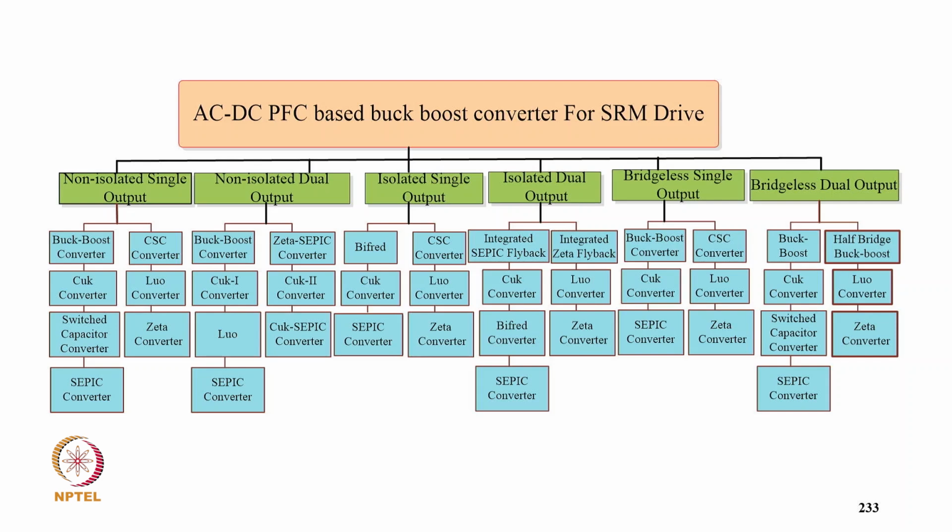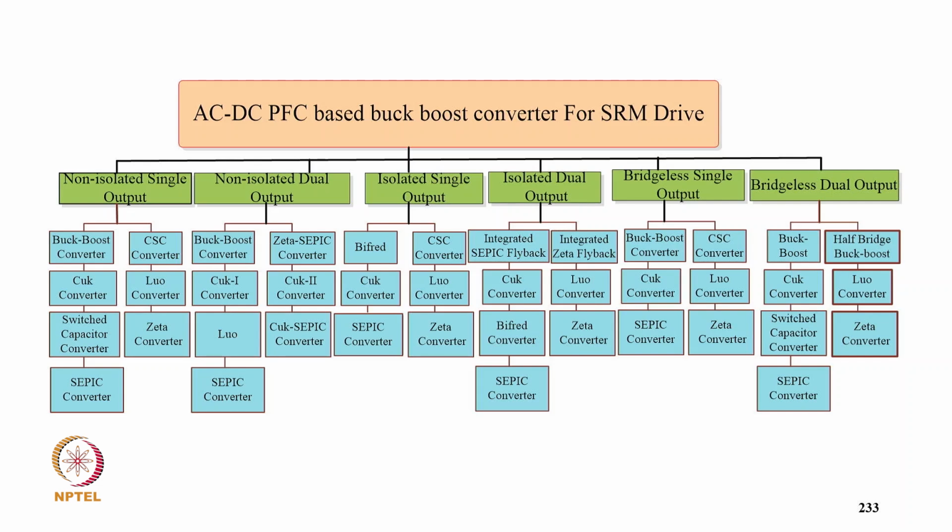So we have non-isolated single output buck converter, SEPIC converter, Cuk converter, Luo converter, capacitor converter, CP converter, zeta converter. And then we have non-isolated dual converter, buck-boost converter, Cuk converter, Cuk 1 converter, Luo and CP converter, and typically zeta CP converter, Cuk 2 converter, and Cuk CP converter.